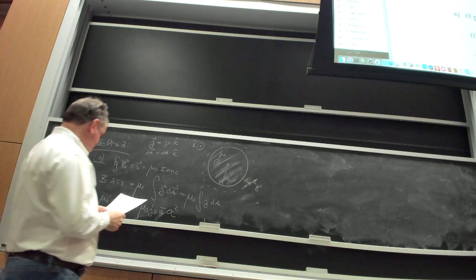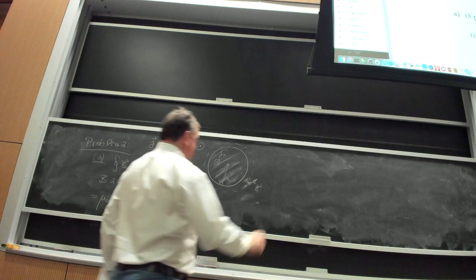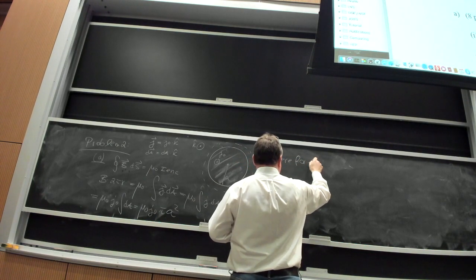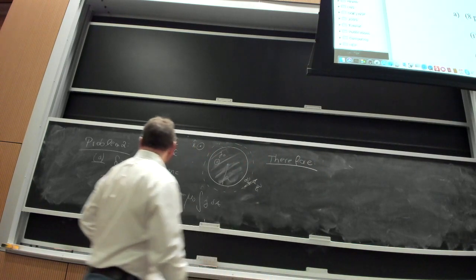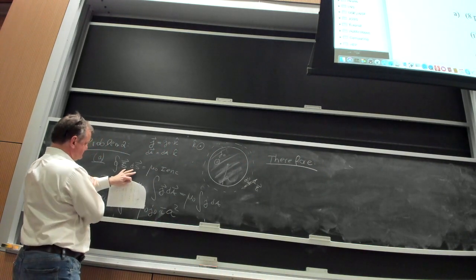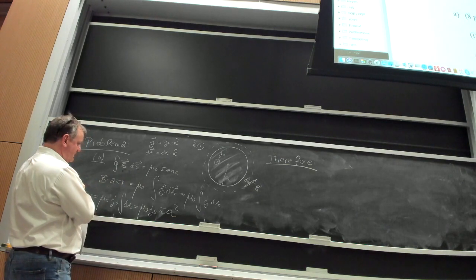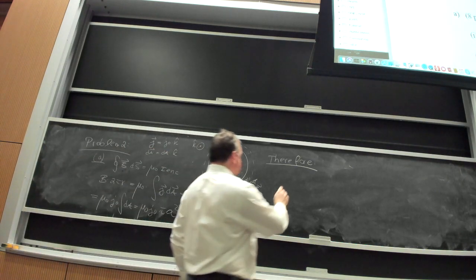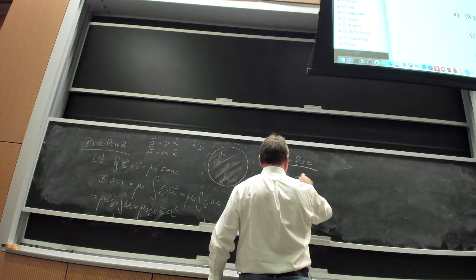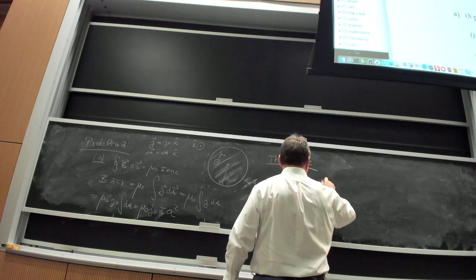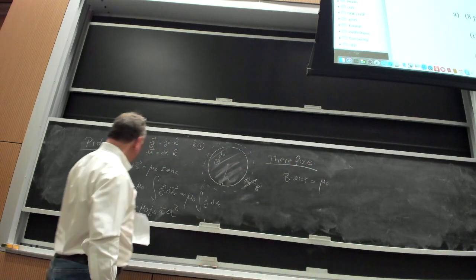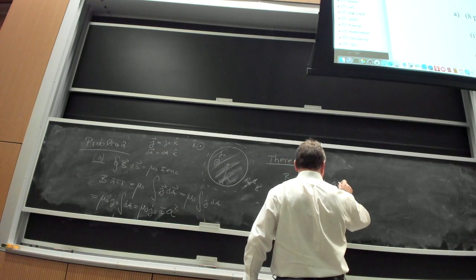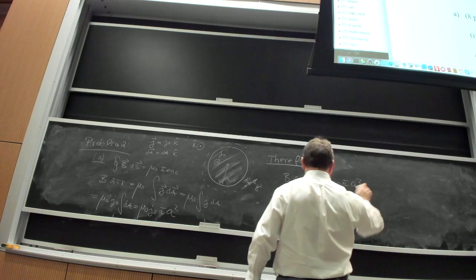And now you therefore have, let's put this all together, explicitly applying Ampere's law. So B times 2 pi r equals mu naught, and the enclosed current is now J naught, the current density, times the respective pi a squared.